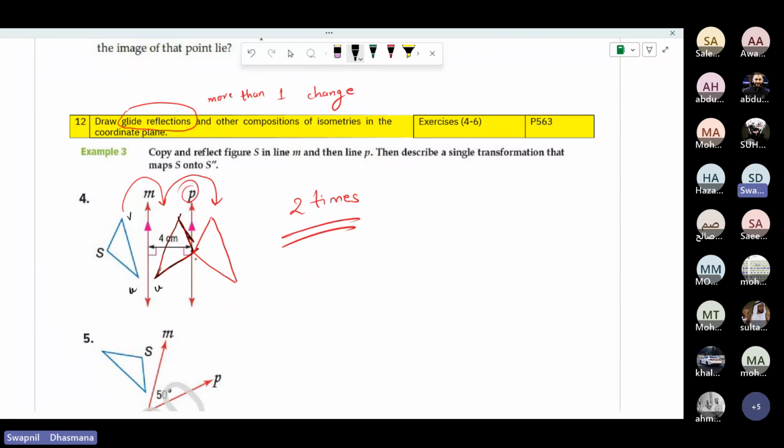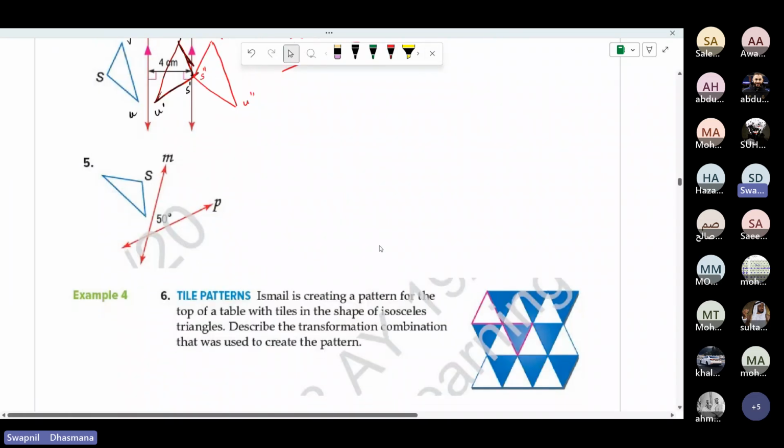This is your USV dash. And the third one would be S double dash V double dash, the second time. So the first time is one dash, the second time is two dash. If there is something else up down, you will do three dash. So glide reflection means more than one change.